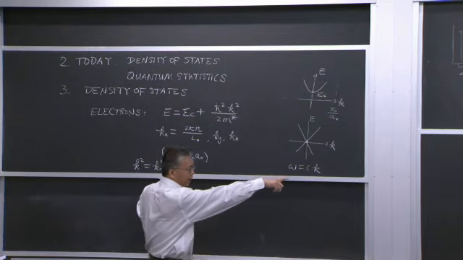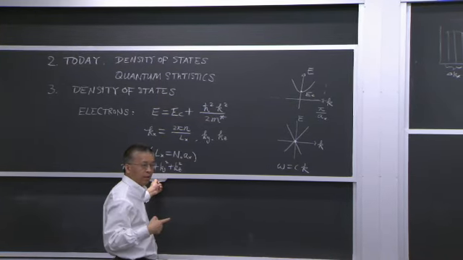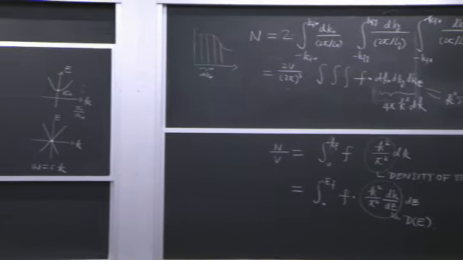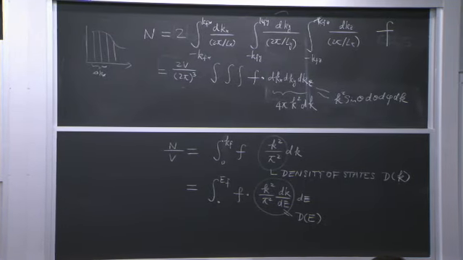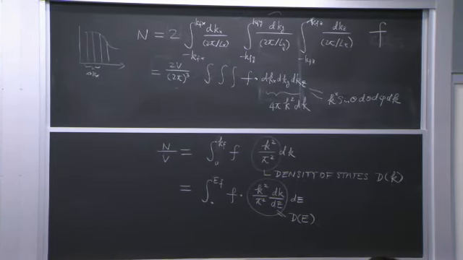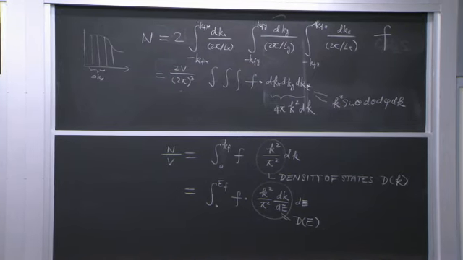If I write the integration as 0 to EF, it means the energy starts at E equals 0. So in that case, I cannot use EC.